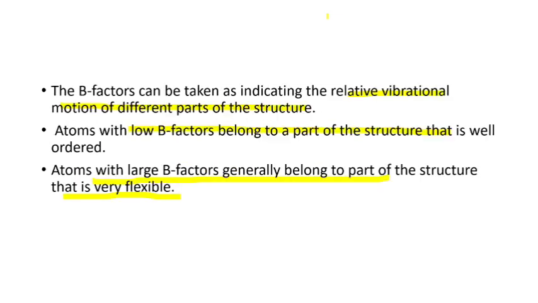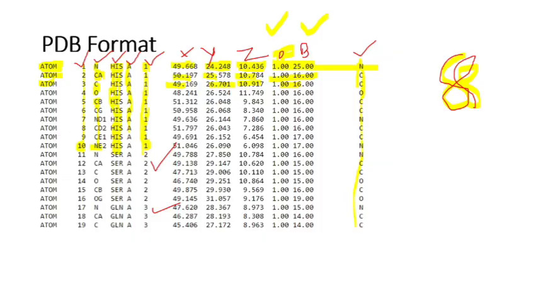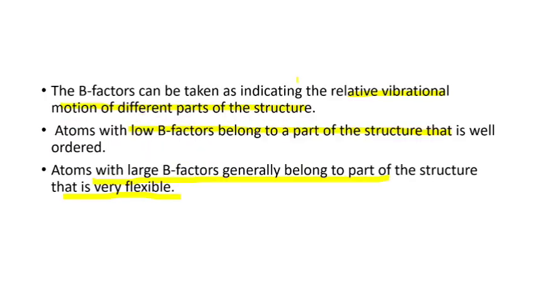B factor tells about the relative vibrational motion in different parts of the structure. The lower the B factor, the more ordered that part of the structure is. So we can see here the B factor is less. The lower the B factor, the region is very well ordered, not flexible. The higher the B factor, the region is very flexible.